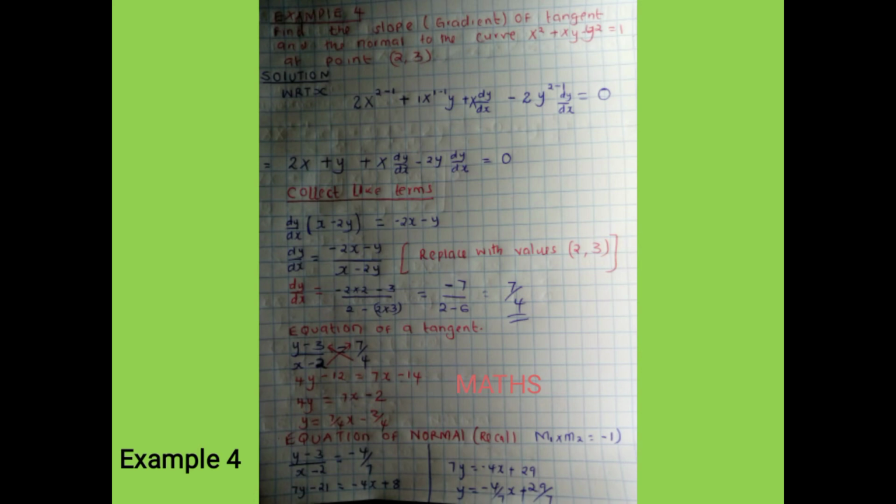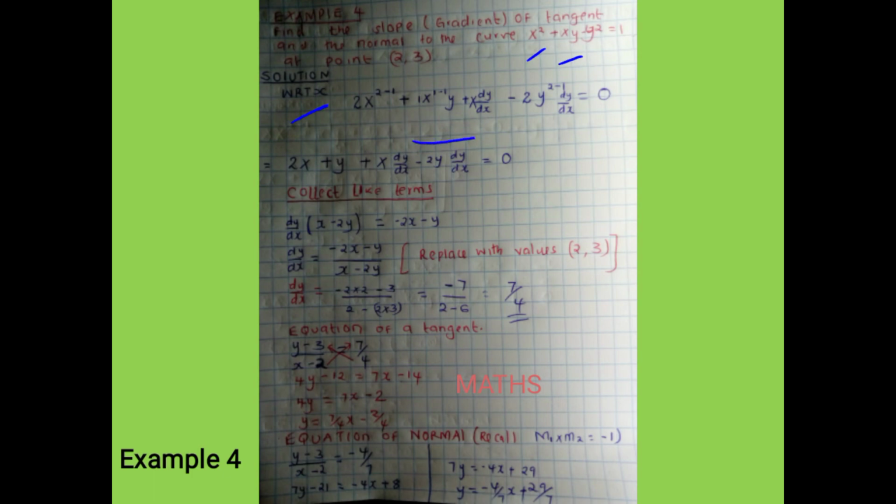So we are differentiating with respect to x. 2x, you are differentiating the first figure, there is x squared, you get 2x raised to 2 minus 1, and differentiate the next figure, that is use the product rule.